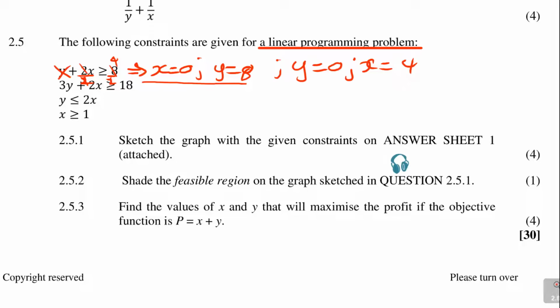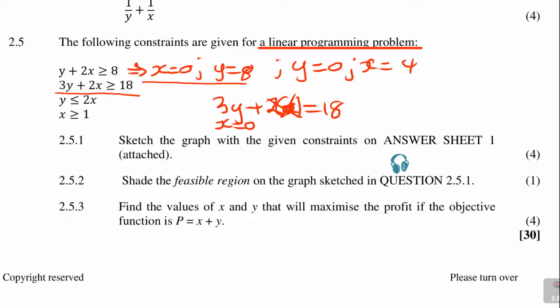We call them 2 points, the x1 and the y1. These are the x-intercepts and y-intercept. You do the same thing here. So what I'm trying to say is like this. You have got 3y plus 2x. You just put an equal sign for now because you want to plot. So you say when x is equal to 0, this becomes 0.